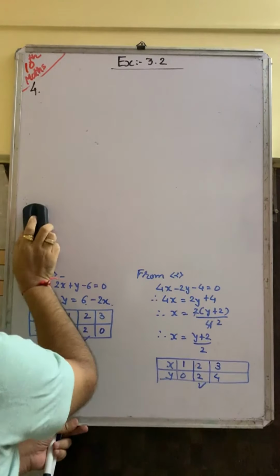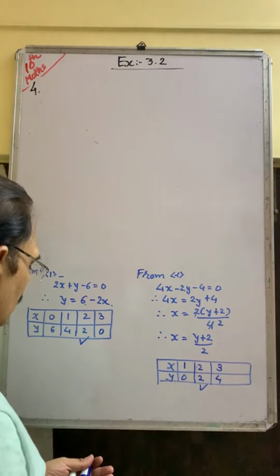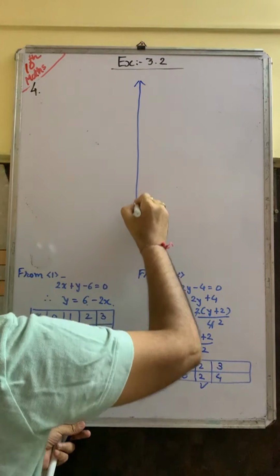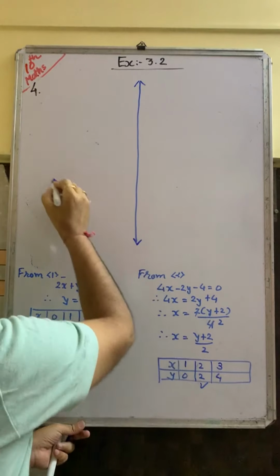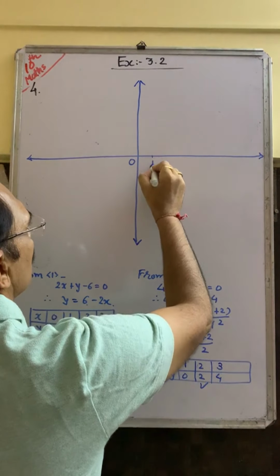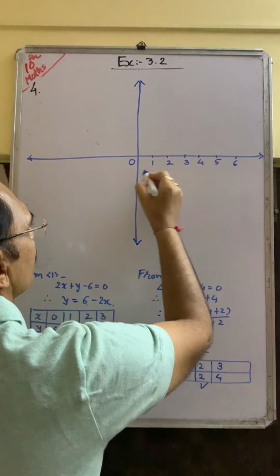See, x-axis and y-axis. Both are positive. 1, 2, 3, 4, 5, 6.